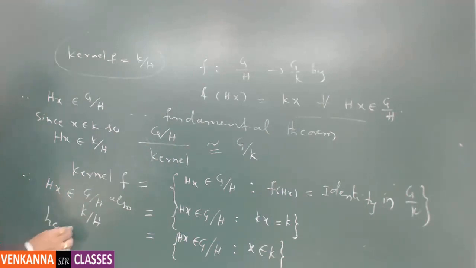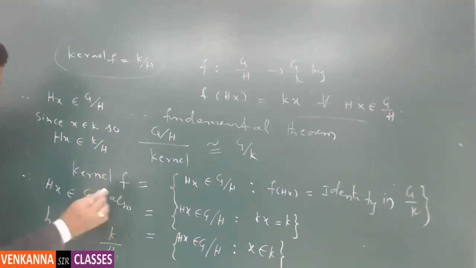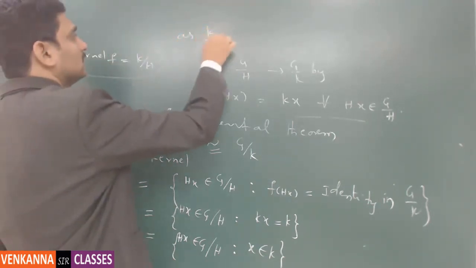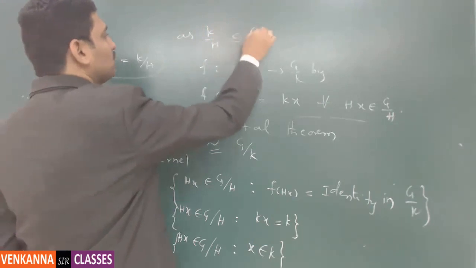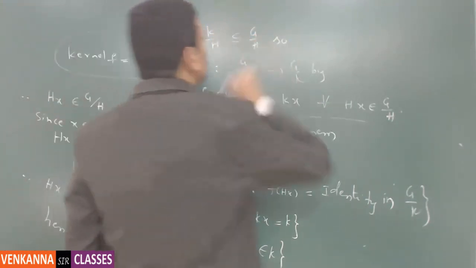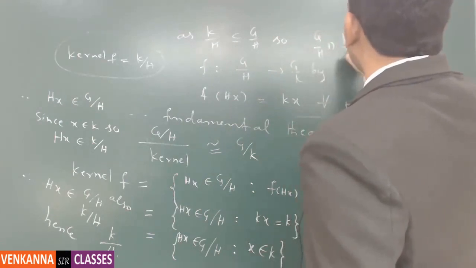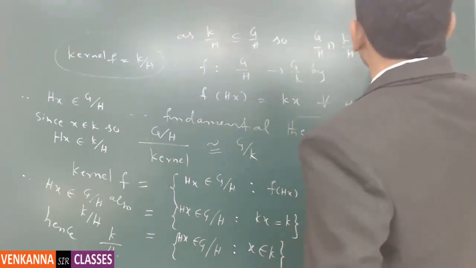Hence, it is K/H. As K/H is a subset of G/H, G/H intersection K/H is nothing but K/H.